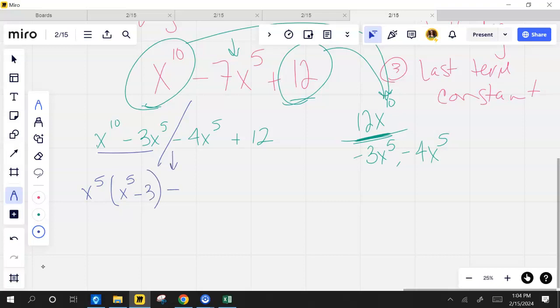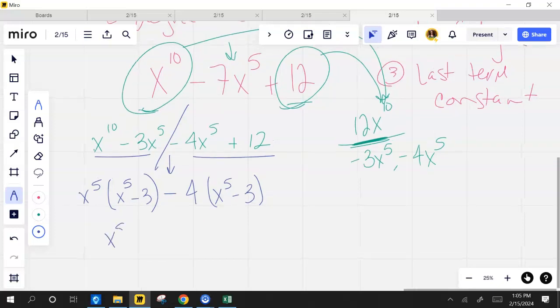That middle sign stays, but because the middle sign is negative, that last sign's going to change on me. All right, so what can I take out of these last two? 4. What's left? But change the last sign because of the middle sign. Now my binomials should be the same, and they are, so I can take the binomial out.